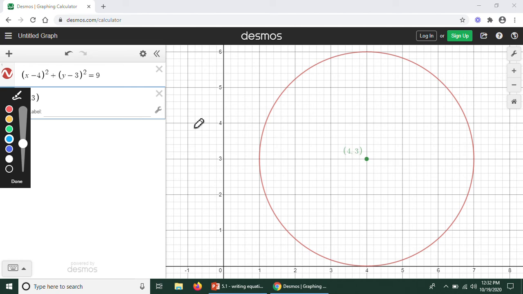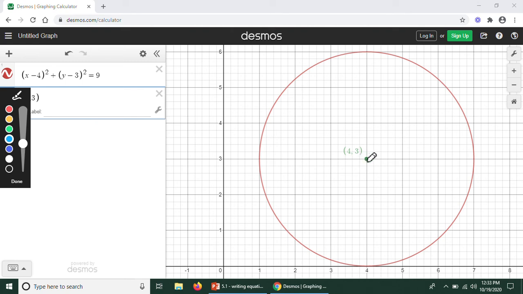To get the y coordinate of the center, you go to the y part of your equation, take this number and change the sign, and that will give you the y coordinate for your circle.